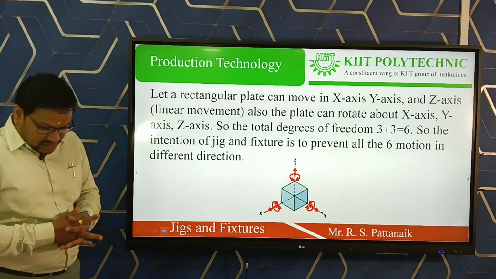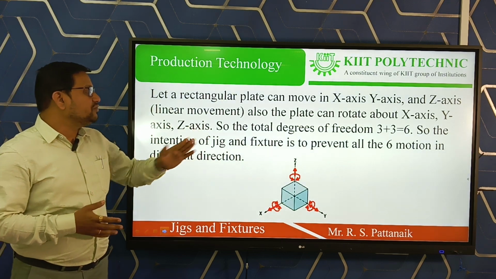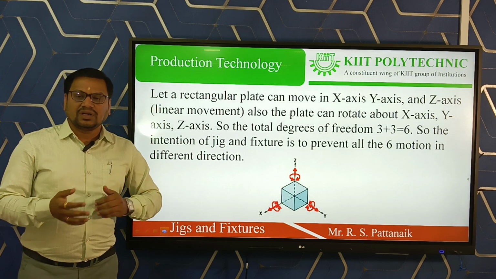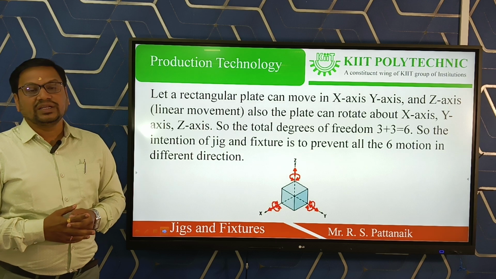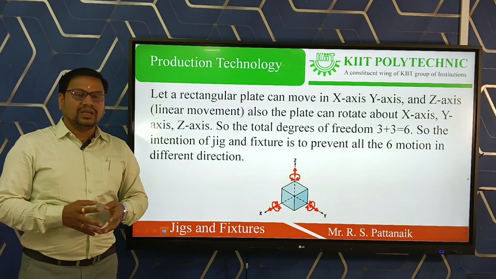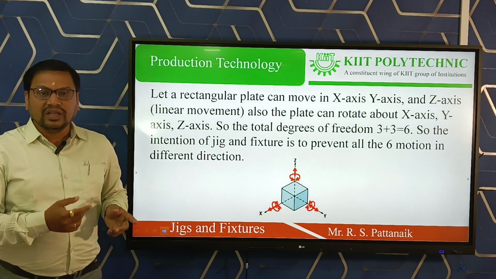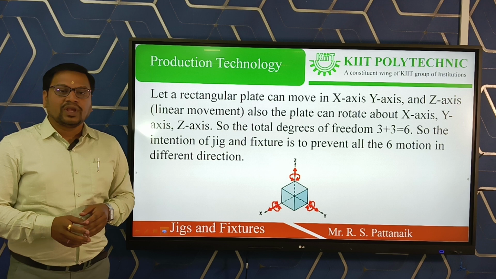Here the total degrees of freedom is 6, but some authors consider the total degrees of freedom to be 12. They consider 6 linear or translatory motions and 6 rotary motions.